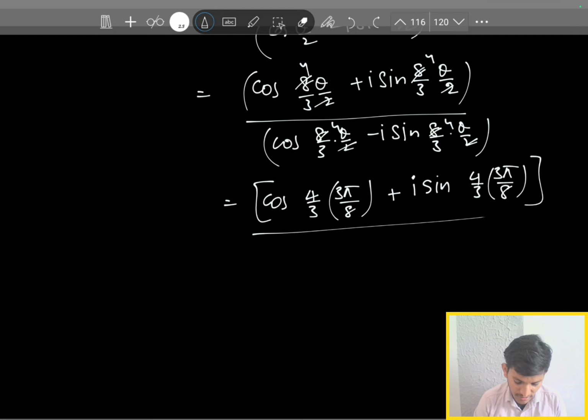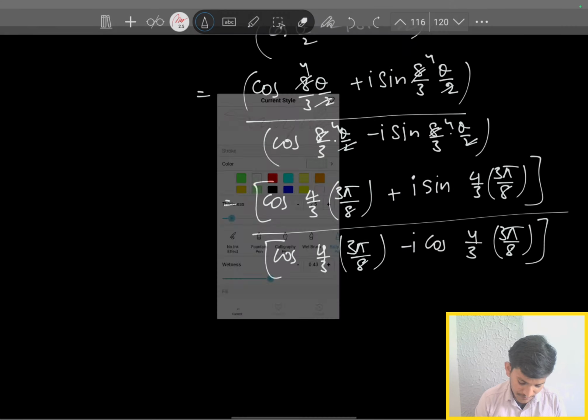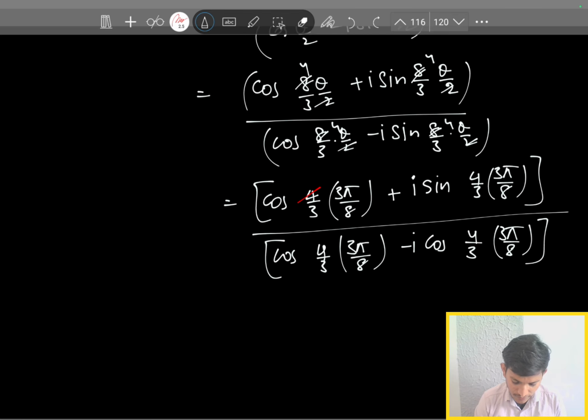This is our numerator, and the denominator is cos of 4 by 3 times 3 pi by 8 minus i into sine of 4 by 3 times 3 pi by 8. The 3 and 3 get cancelled, and 4 ones are 4, 4 twos are 8, the same over here.